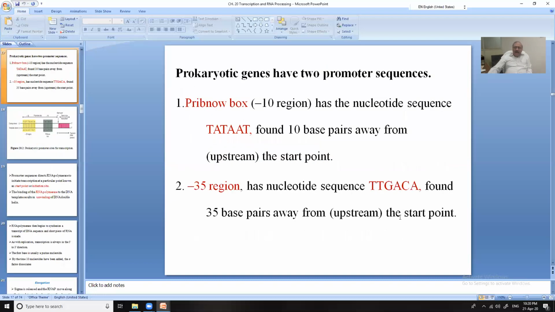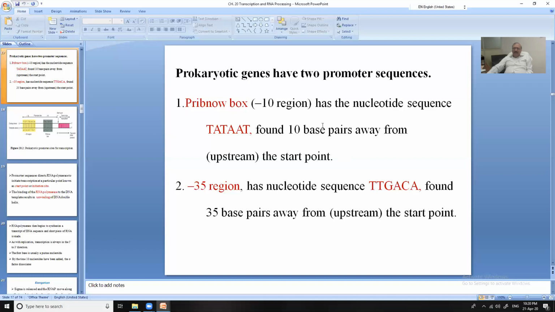You see, there are 2 sequences: the Pribnow box, at the -10 region, and the -35 region. At -10 you will find predominantly TATAAT, 10 base pairs upstream of the start point.